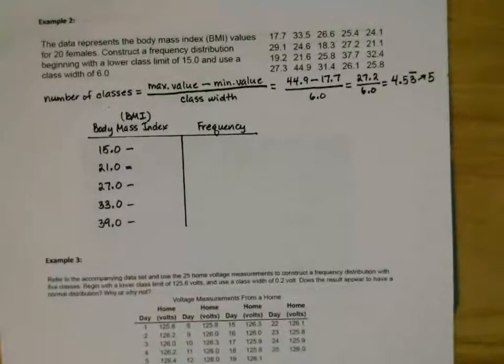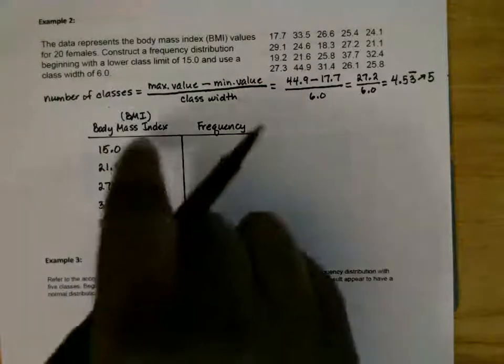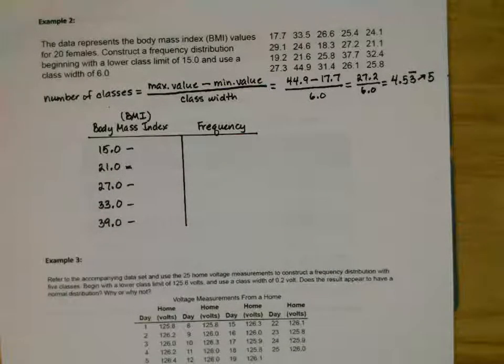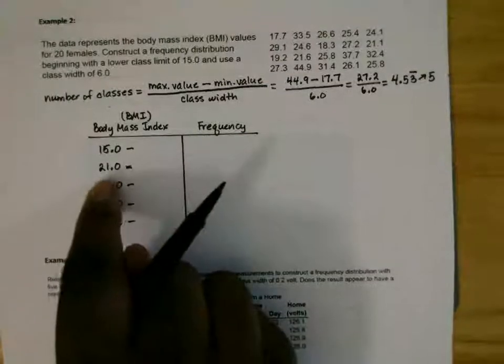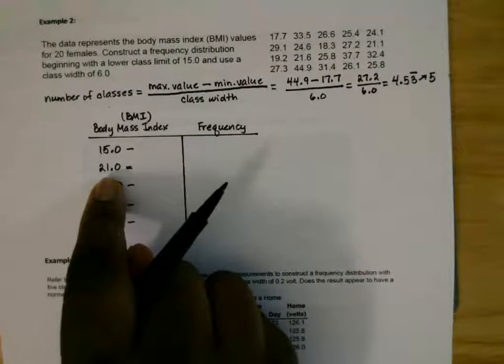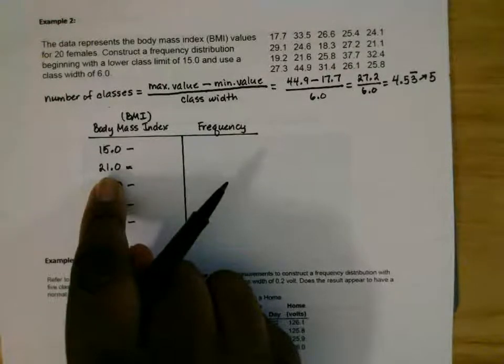Now to get that first upper class limit, I need to look at my data set. The data values that I have here are to 1 decimal place. So my upper class limits have to be to 1 decimal place. So to get that upper class limit, I'm going to take this 21, which is the next lower class limit, and subtract 0.1 from it.